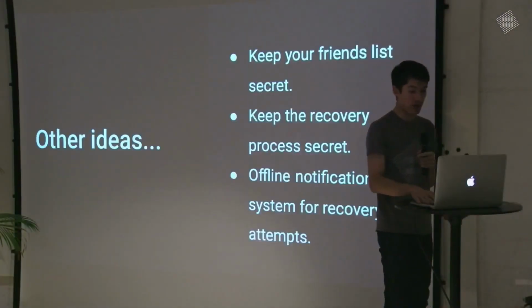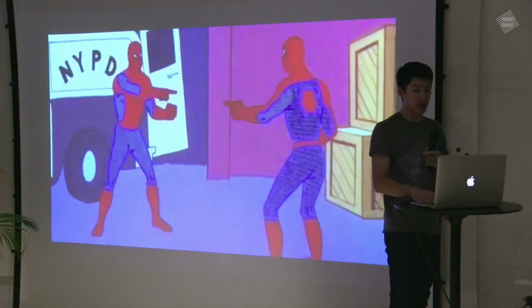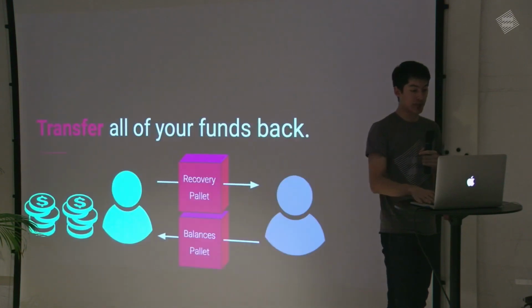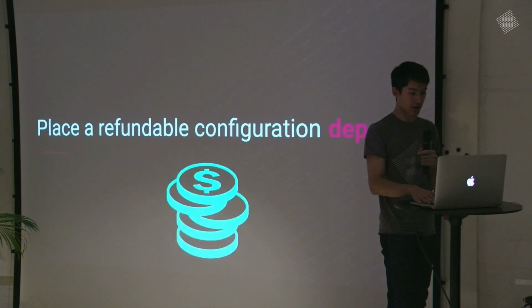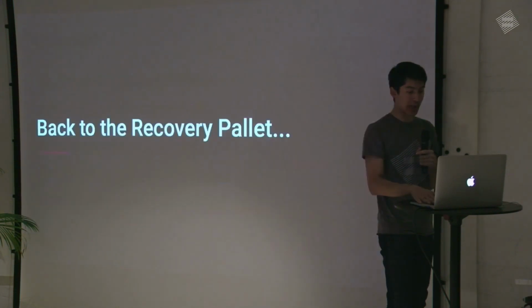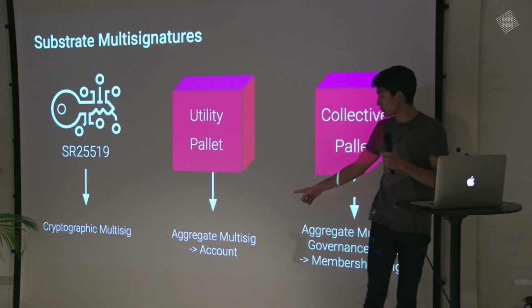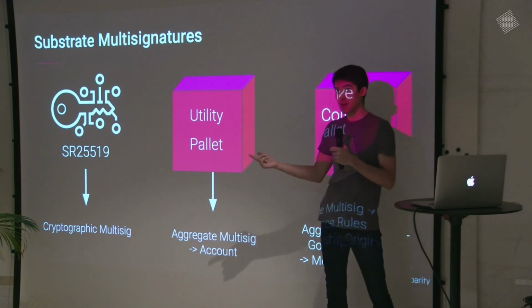One more thing that you brought up when we were talking about this earlier today, which was very interesting to me: I'm just thinking about other ways that you can use multi-sigs in Substrate and keep things safe. The utility pallet, in addition to allowing you to do multi-sigs, also allows you to create sub-accounts.